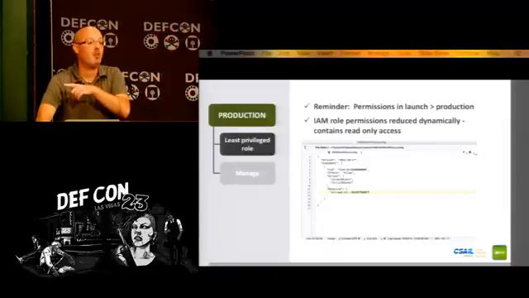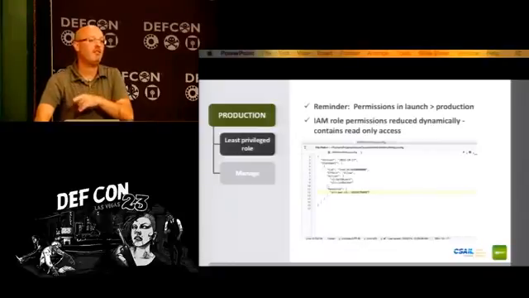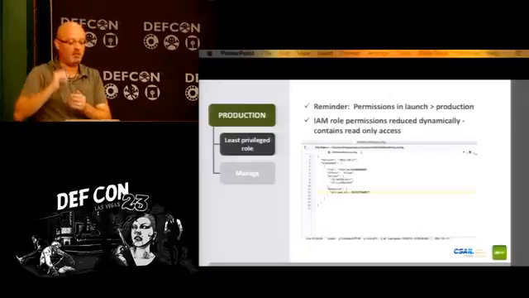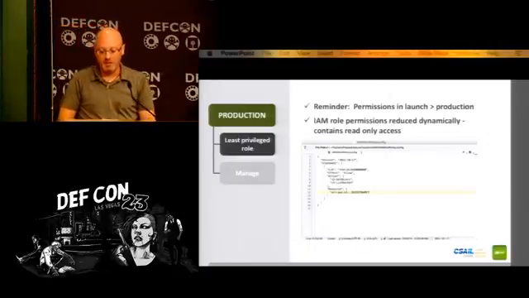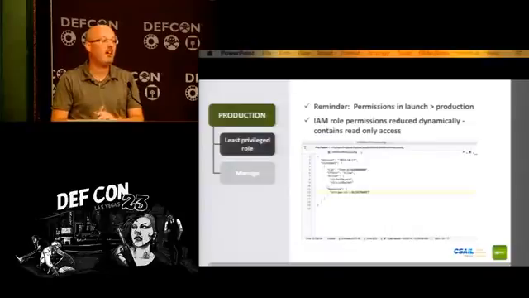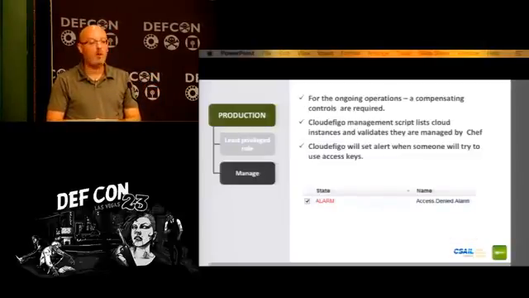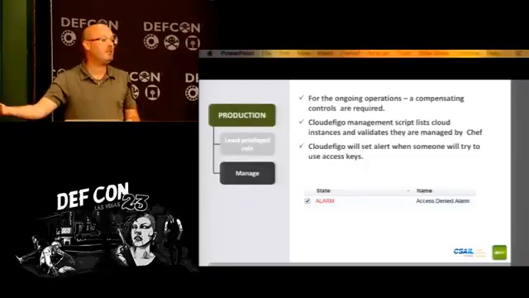This is the IAM role after CloudFormation finished configuring it. If you remember, the IAM role permissions in the beginning were really big. Now it turns down to only a very specific couple of things, basically access to the S3 bucket where you can find its encryption keys. So it's done dynamically. We reduce it dynamically.